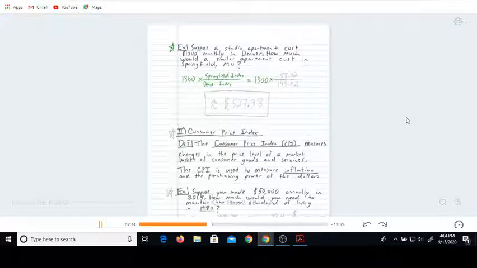The Denver index, let me flip back over. The Denver index was 143.02. Whereas the Springfield index was 58.02. That's coming from that chart on the previous page. And now we can just type that into our calculator and see what we get.